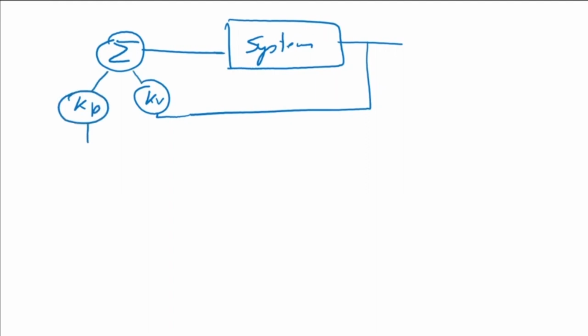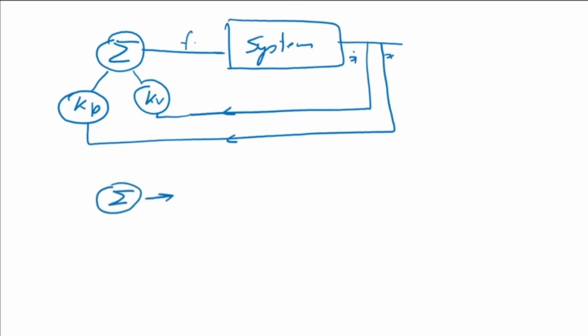Both of these are going here, and it comes here. This is my F, this is my x dot, and this is my x. Now this symbol is also a comparator block, exactly the same thing. So this is my block diagram of a very simple position regulator system.